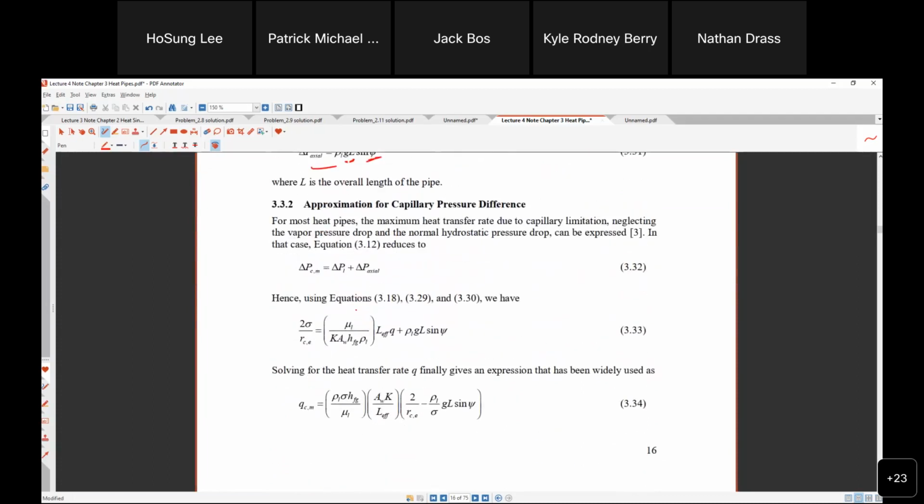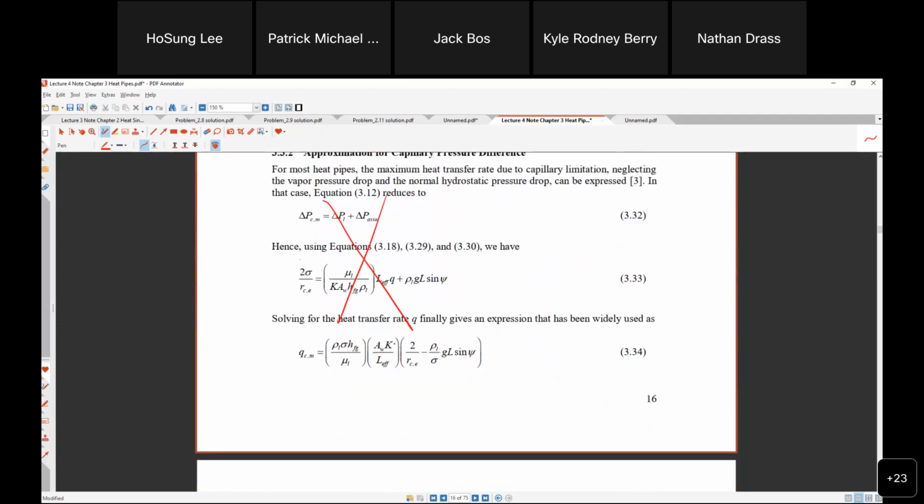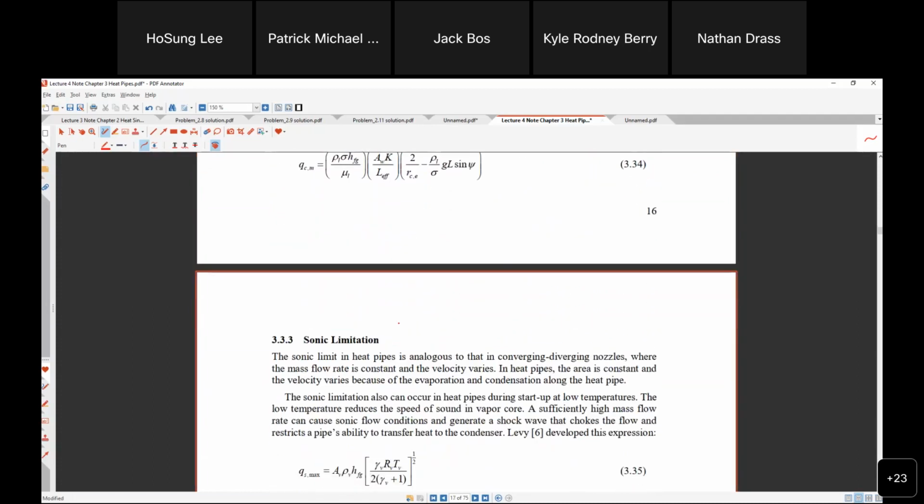So don't use this approximation. You can always go delta T is delta V, delta L, delta P normal, and delta actual for practice purposes.